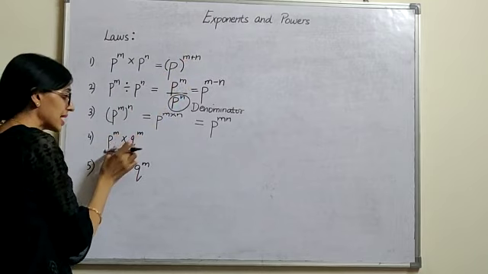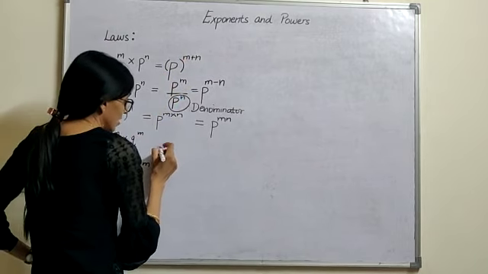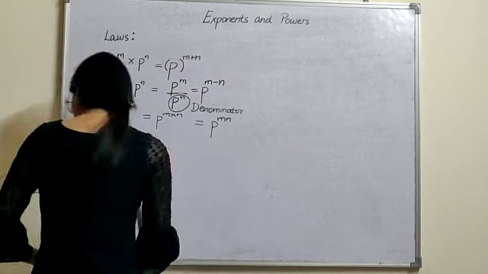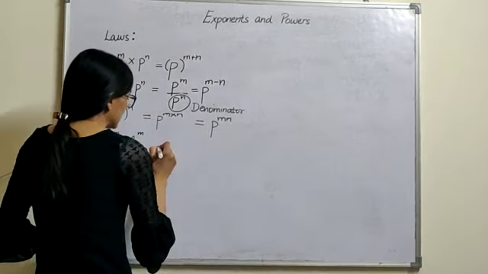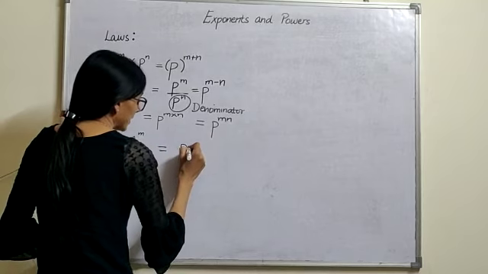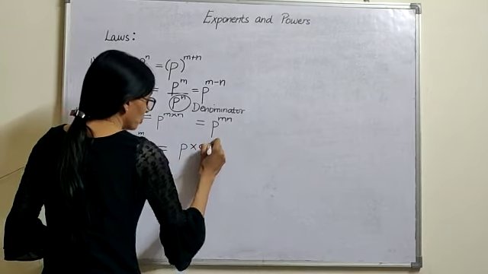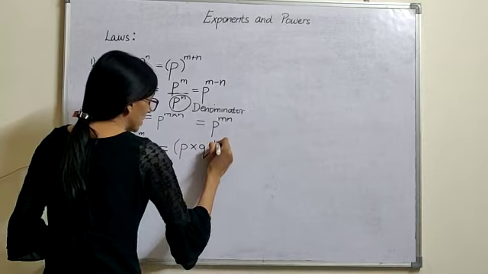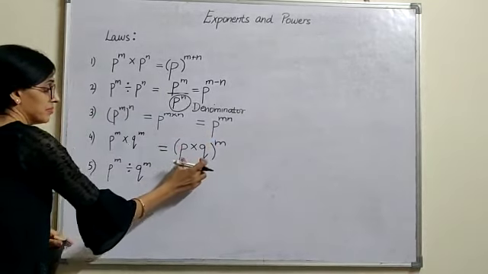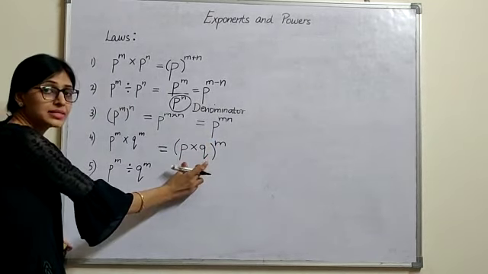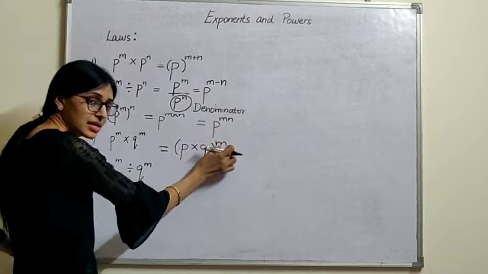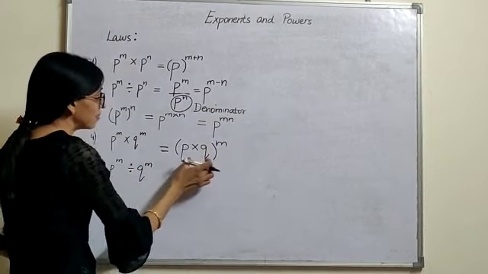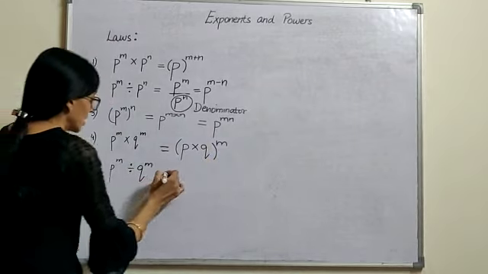When power same, base multiply. So we multiply the base. p multiply q whole raised to power m. Power same, bases multiply. So both the powers are same. So take a single power and multiply both the bases.